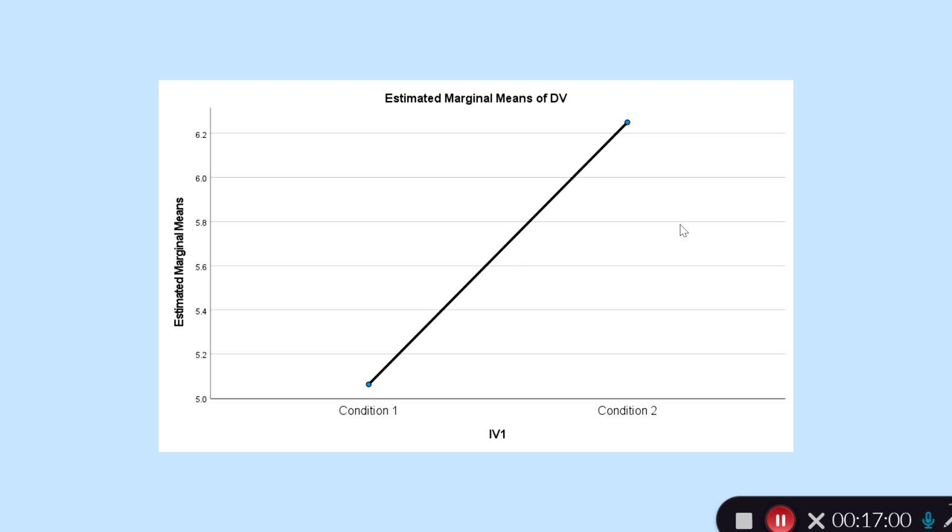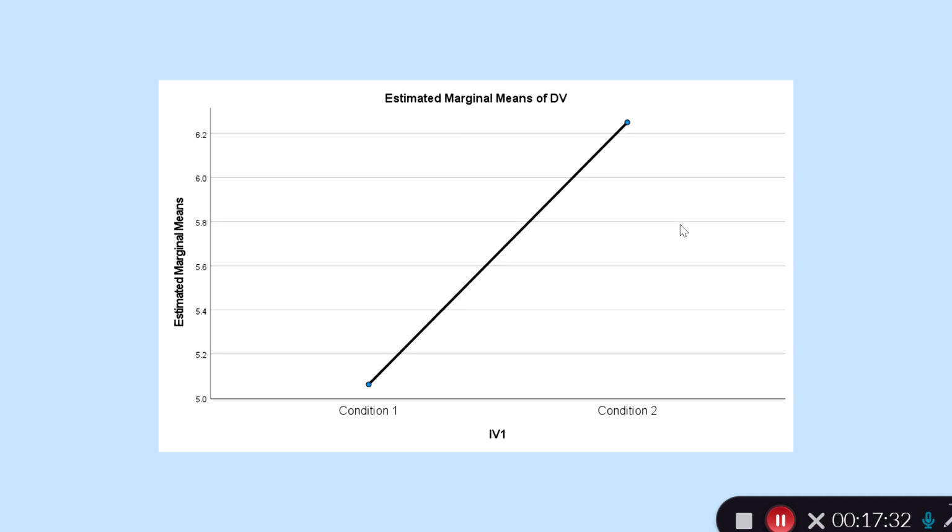Because we've only got two conditions, we can tell just by looking at this plot and a table of descriptive statistics, the means of the two conditions, that condition 2 has a significantly higher mean than condition 1. So when we're looking at a main effect, we're looking at how it affects scores on the DV, whilst ignoring any other categorical independent variable.